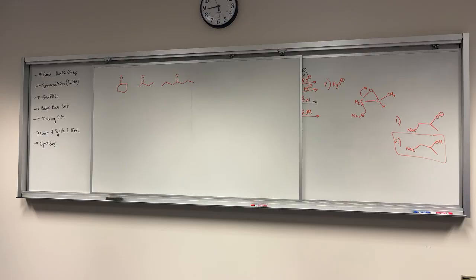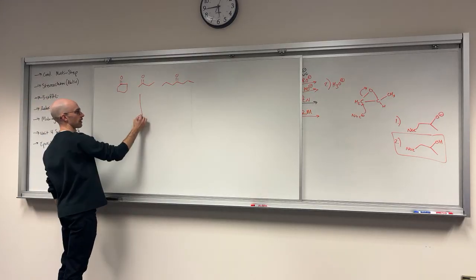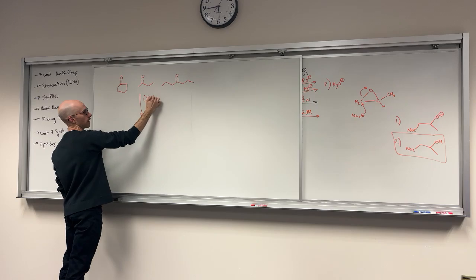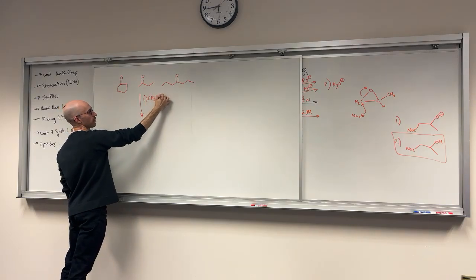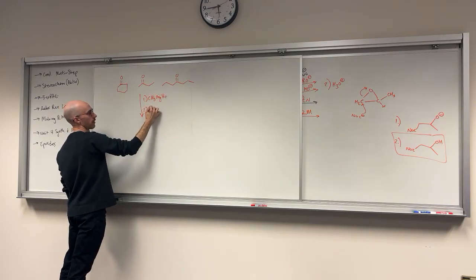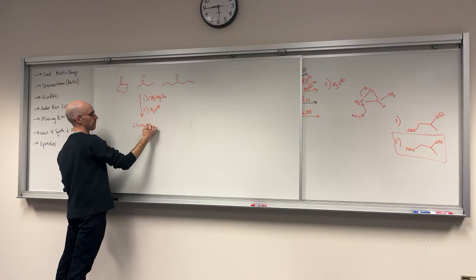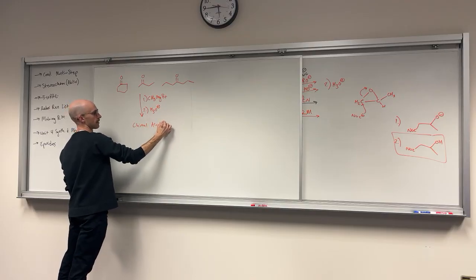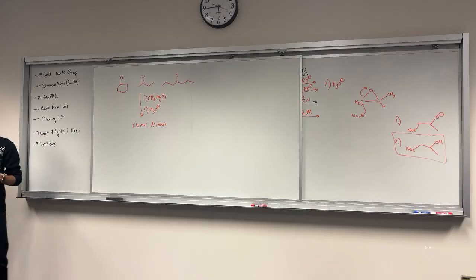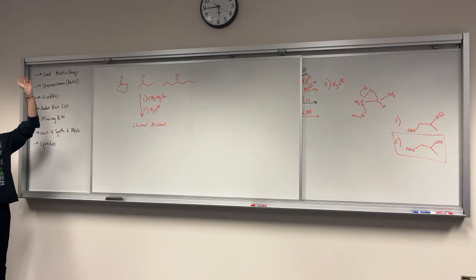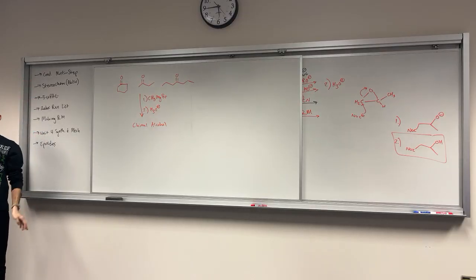Methyl Grignard to make a chiral alcohol. So I'm just saying, take this. Which of these reacts with methyl Grignard to give a chiral alcohol? All in favor of the middle? Any in opposition?